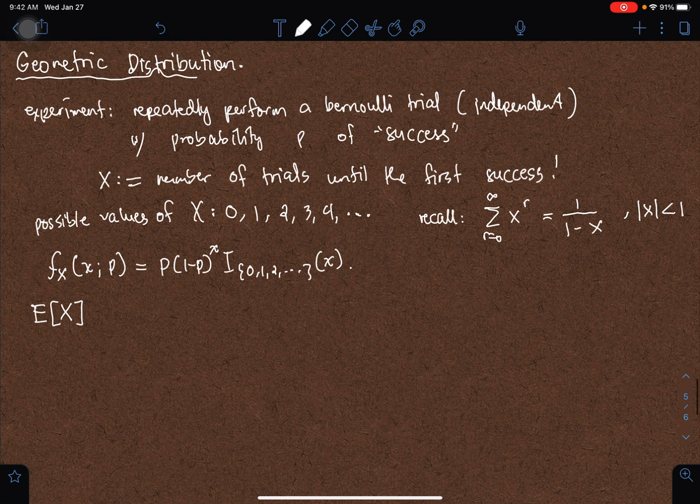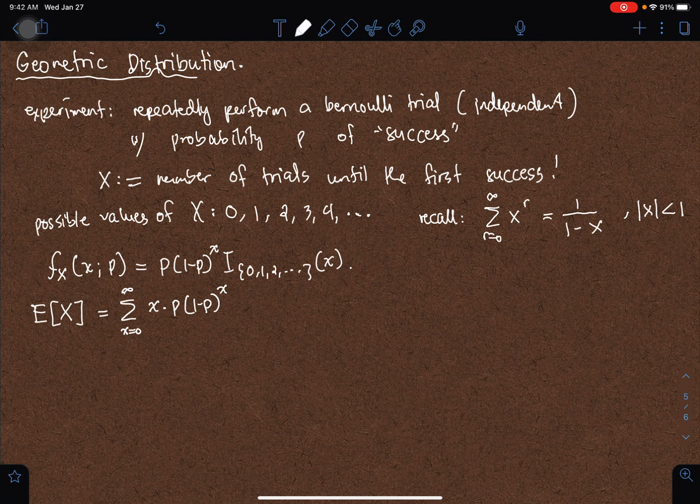So now the expected value of X will be the sum. We know that X takes on the values from 0 to positive infinity, so the sum will be from 0 to infinity of x times p times (1 minus p) raised to the power x.